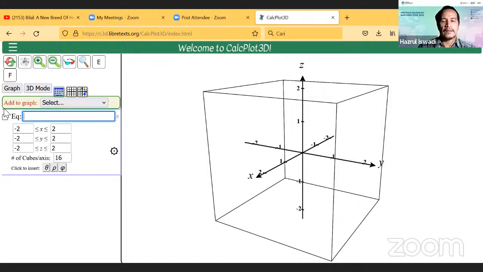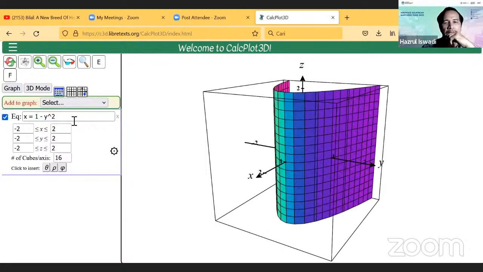For example, x is equal to 1 minus y square, and click enter. So you will have the surface.